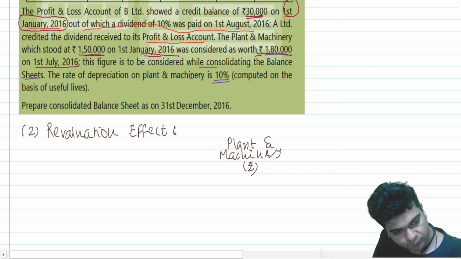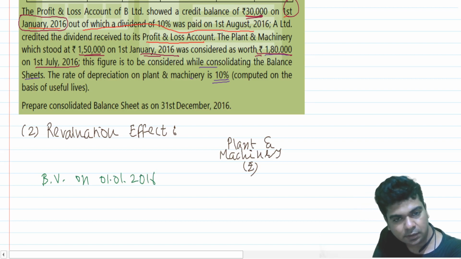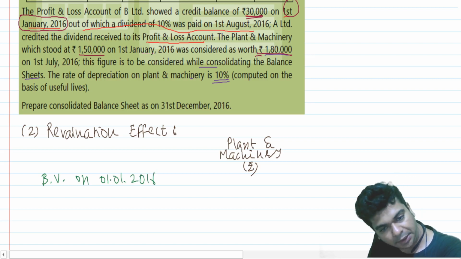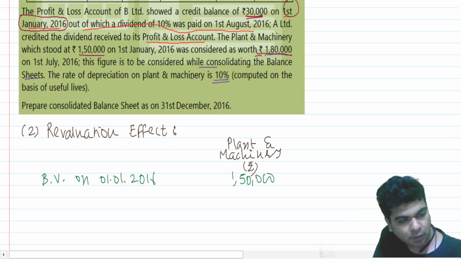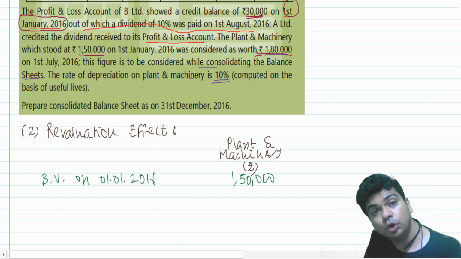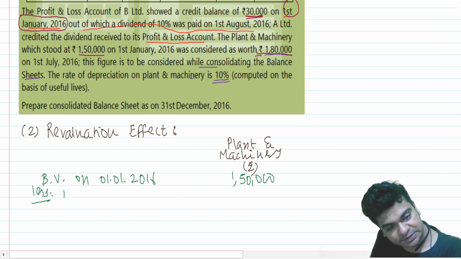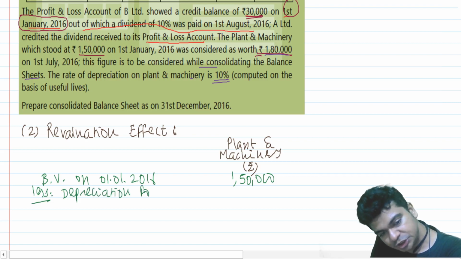We say book value on 1st January 2016 is 1,50,000. I want to reach up to 1st July because on 1st July I'm doing the revaluation. So I will deduct depreciation for 6 months. So I say less depreciation for 6 months.